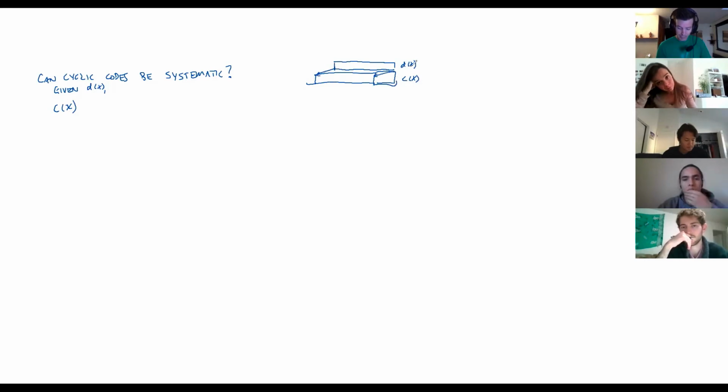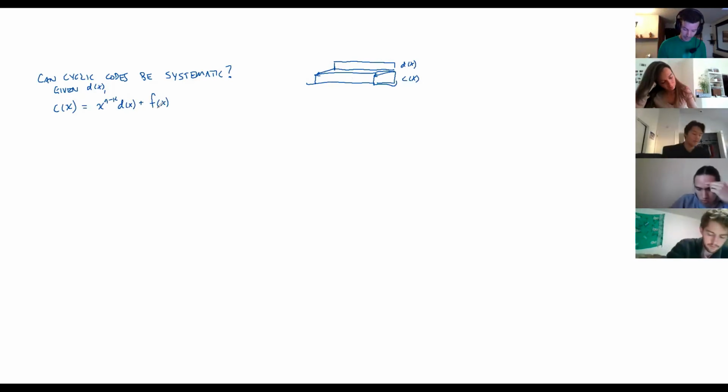Now I can move d of x up if I multiply it by x. If I take d of x and multiply by x, then I've shifted every power up by 1, so you can think about it as moving it to the left. If I want to move it up, I'd have to move it up by x to the n minus k times d of x. And then I would add the frame check polynomial at the end.